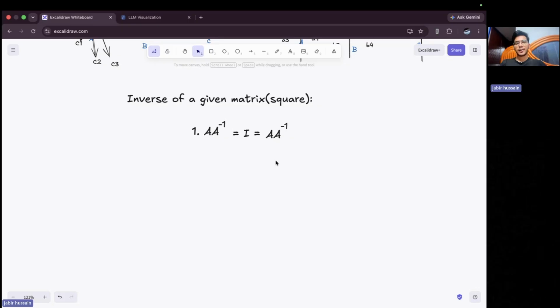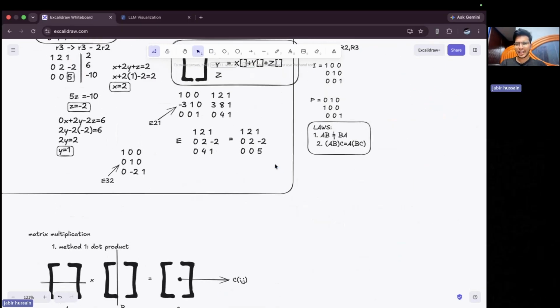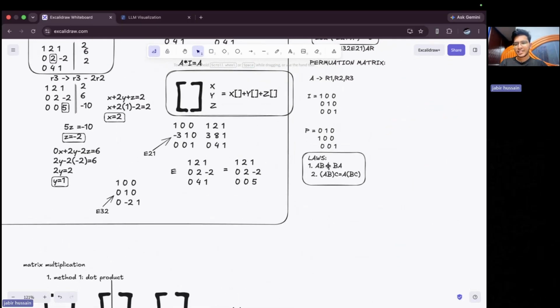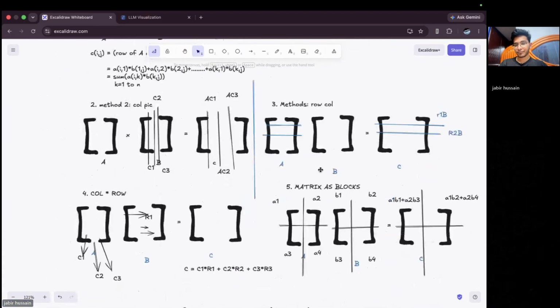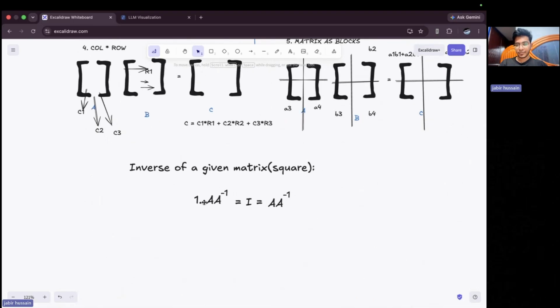If you remember, I just wrote a law that AB is not equal to BA. But here I'm writing A cross A inverse is equal to I, and it is equal to A inverse A.